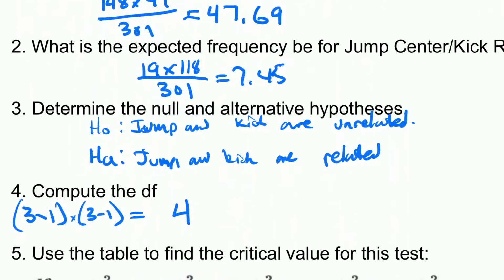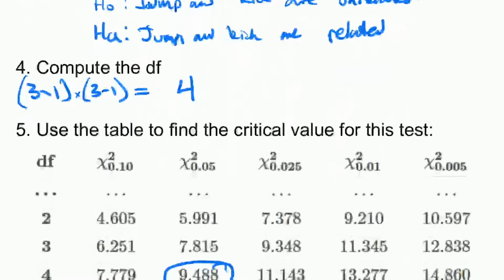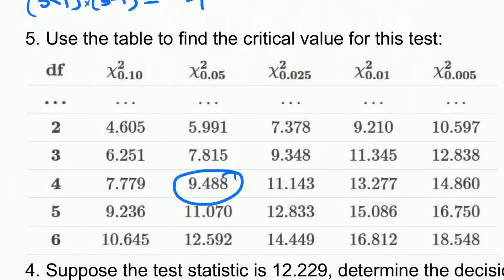Null and alternative hypotheses. Jump and kick are unrelated is the null hypothesis, and jump and kick are related is the alternative hypothesis. Degrees of freedom, you take the categories minus 1 times categories minus 1. So 2 times 2 is 4. Then find it on the table. That's easy enough. I think it said 5% significance level.